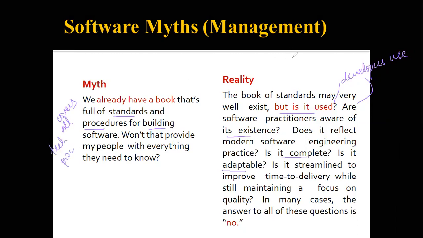Even if such a book exists, it is not going to be complete. It is not going to be adaptable. And this type of book also does not show whether, if you've got a specified time period to develop a particular software, you will be able to develop it in that time. So the answer to all these questions is no. So this myth turned to reality does not stand a chance.